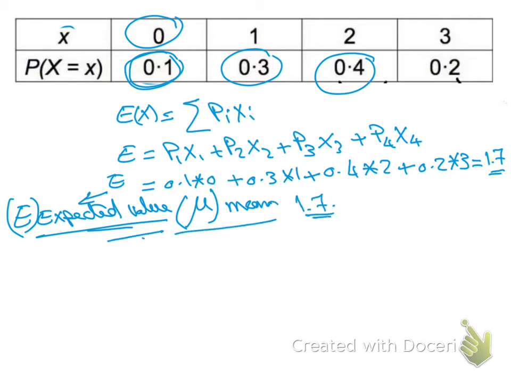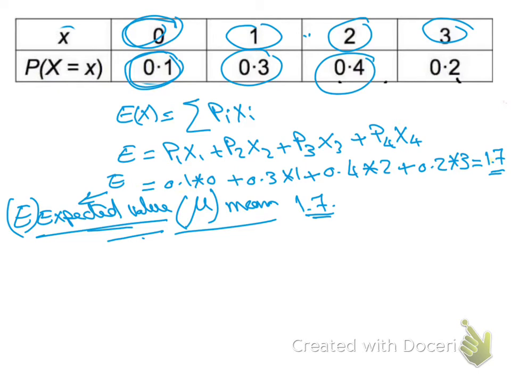So let us look at the values of x which we have: 0, 1, 2, 3. I can guess that the value should be something in between. If I add 0 plus 1 plus 2 plus 3, that equals 6, divided by 4, it will be equal to 1.5.